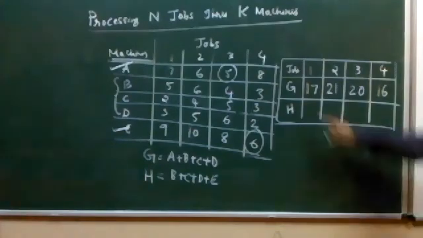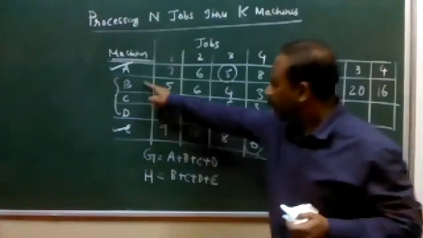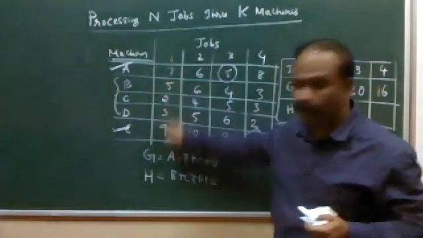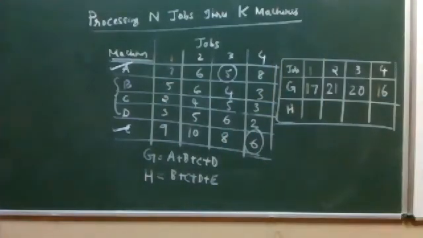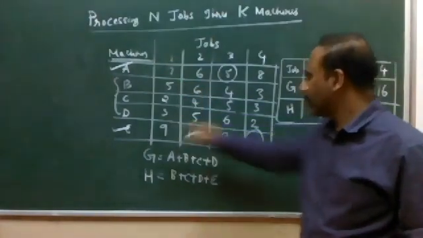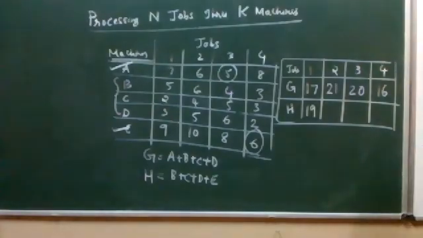Okay. Now in a similar way, can you please tell me the values for the H machine? What is the H machine? B plus C plus D plus E. The first value is 19. 5 plus 2, 7. 7 plus 3, 10. 10 plus 5, 19. Okay. Second value? 25.